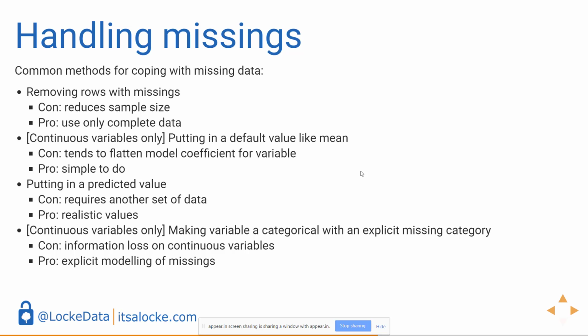And then something else you can do with a continuous variable is actually make the missings an explicit category, and then perform a binning exercise to consolidate down the continuous variable into intervals. So this reduces information, because a continuous variable hopefully gives us a more refined view per value as to the change in a model.